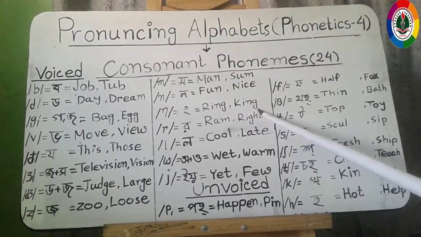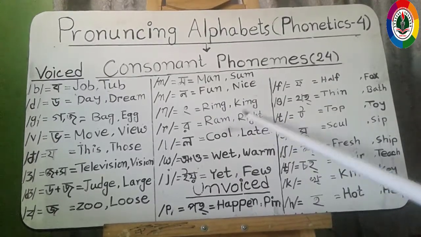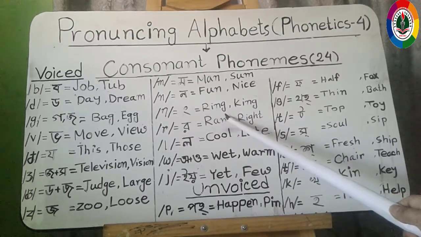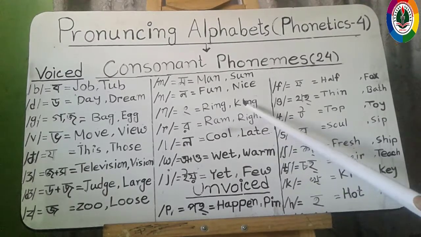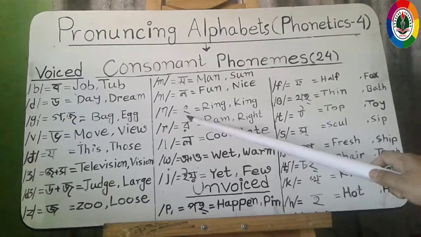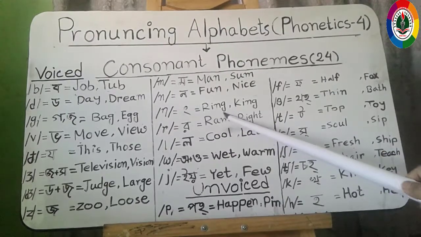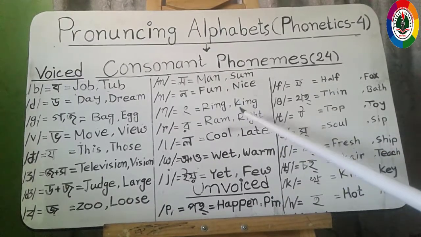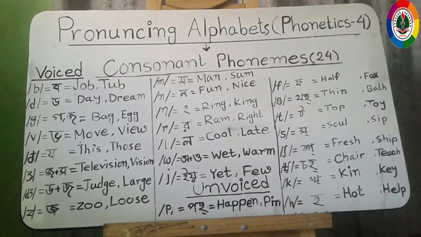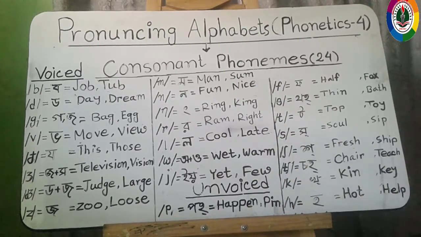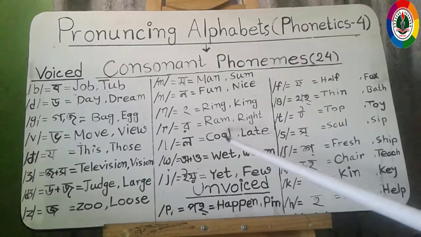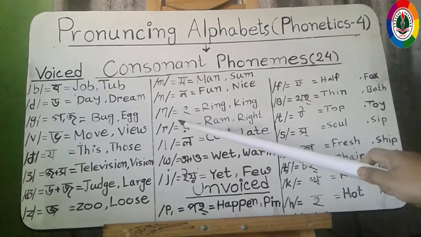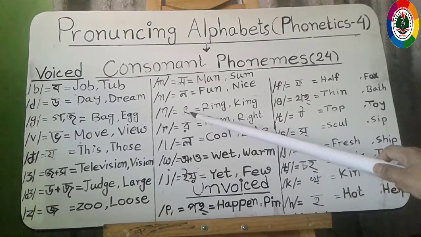As you see, while you utter ring and king, we can feel the presence of the sound, and it's no confusion that it strongly vibrates our vocal cord. Without the vibration of the vocal cord, this phoneme is completely impossible to utter.